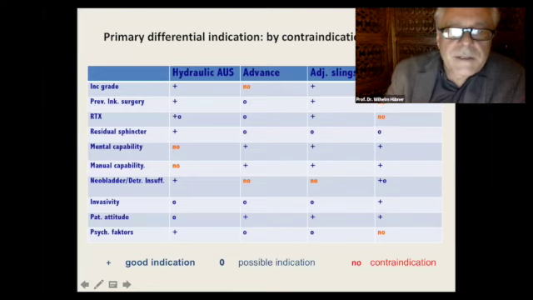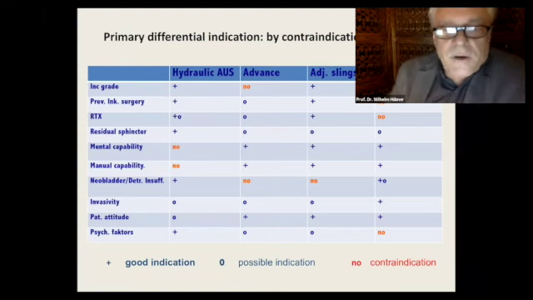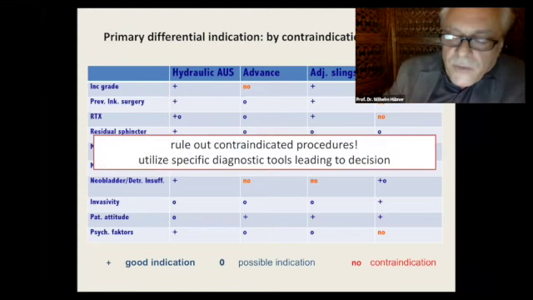That means if there was too much previous surgery, you should not use a PROACT, or if there was irradiation therapy, or if the incontinence grade is too high, you might not use an ADVANCE, and so on. And if the patient is not able to use it, you don't use an AUS. You exactly know what I mean. This is a very quick way to rule out the contraindicated procedures.